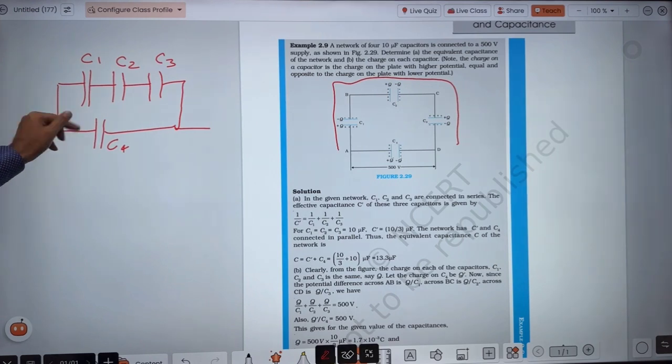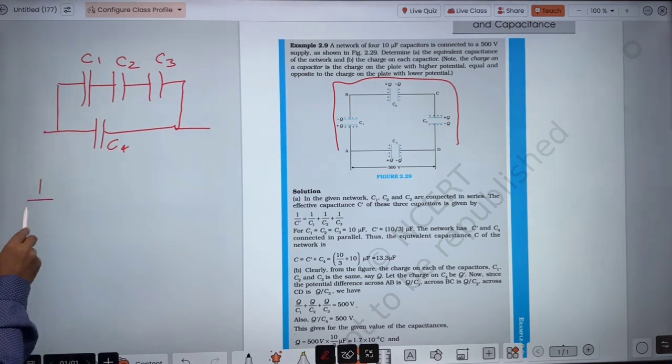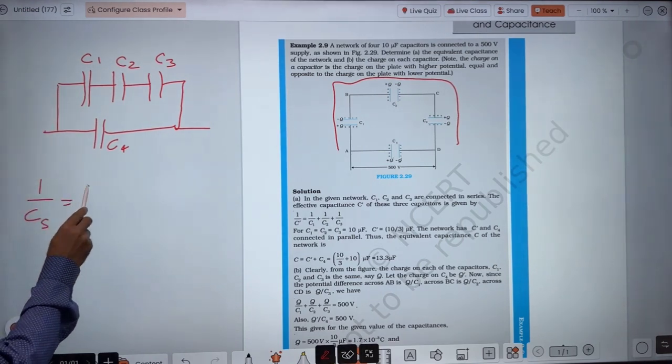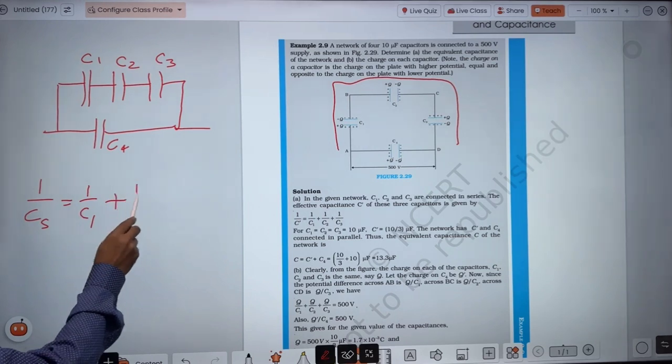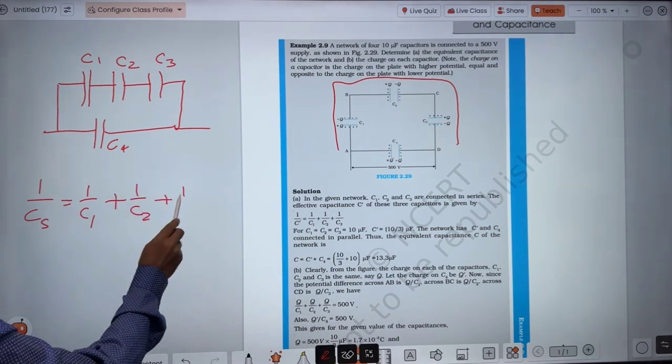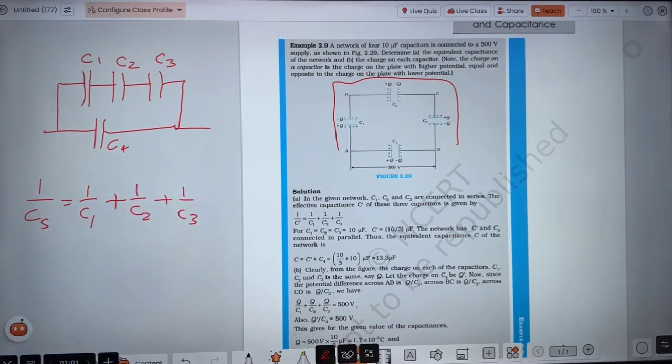Since they are in series, we have to apply 1 upon C series equals 1 upon C1 plus 1 upon C2 plus 1 upon C3. We can put the values; C1, C2, C3 all are 10 microfarad. So we will get C series equal to 10 by 3 microfarad. That is simple, that you can easily do.